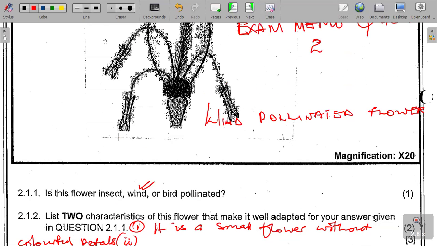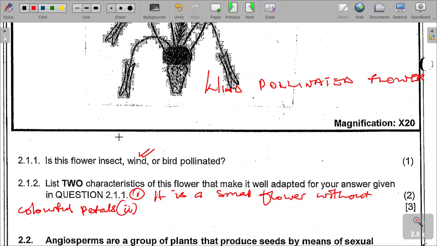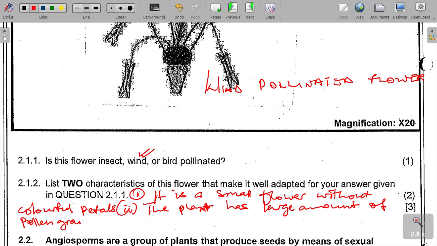The plant has a large amount of pollen grains, that we can see on our flower in the diagram above.